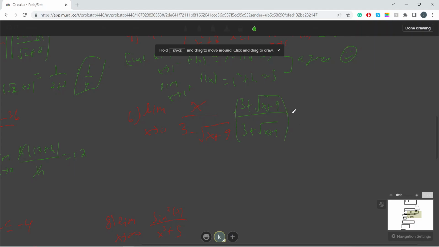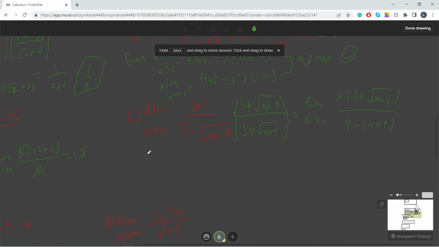So what does this come out to? This is going to be the limit as x approaches 0 of x times 3 plus square root of x plus 9 over, we have a difference of squares again coming along. So this will be 9 minus x plus 9.